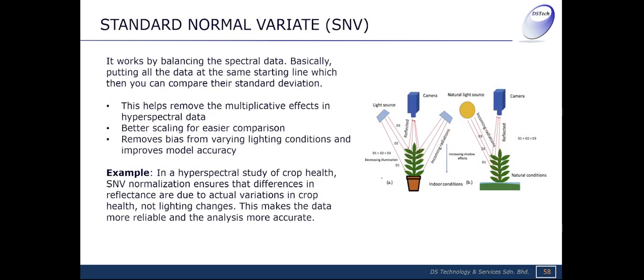I think the last one here is standard normal variate. Typically, this is to balance your data. It's very useful when you have two different samples, one inside lab conditions and another in normal conditions outside. This tries to find the best starting line, basically creating the same sort of condition even though they have different standard deviations.